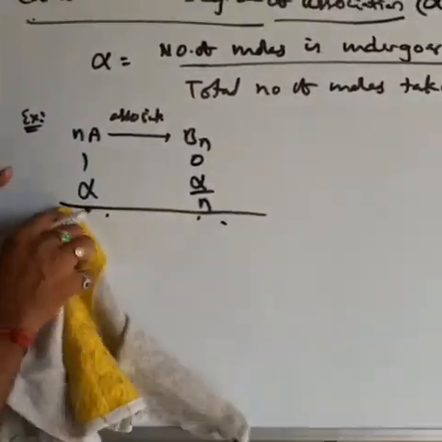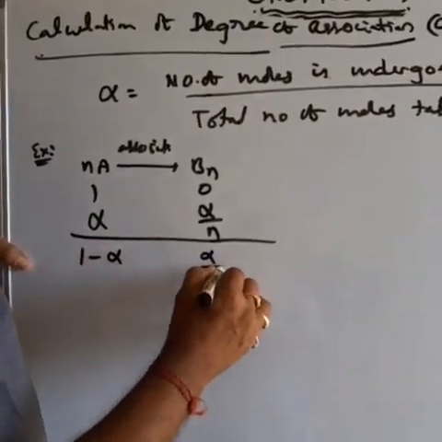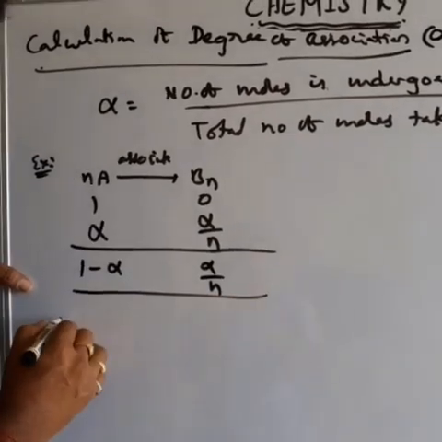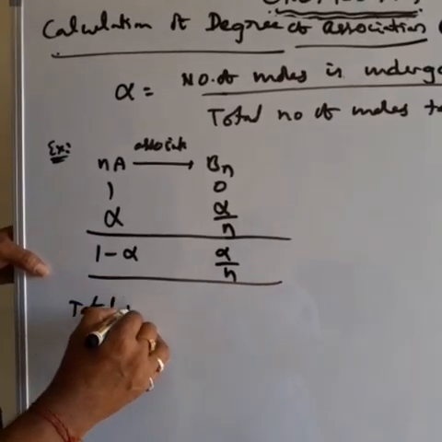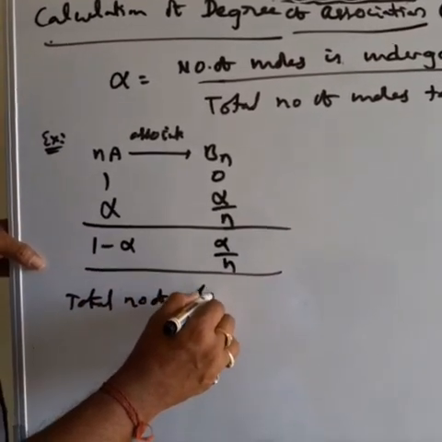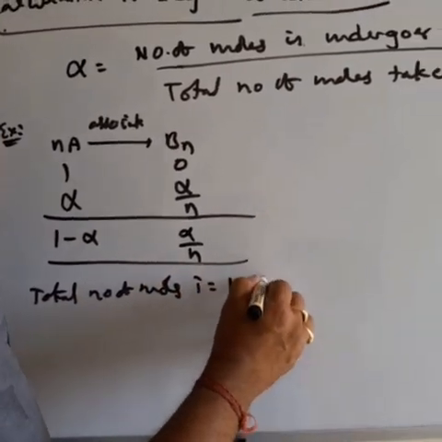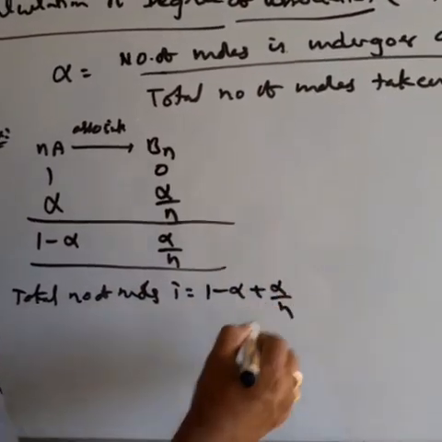Therefore the total number of moles i is equal to 1 minus alpha plus alpha by n.